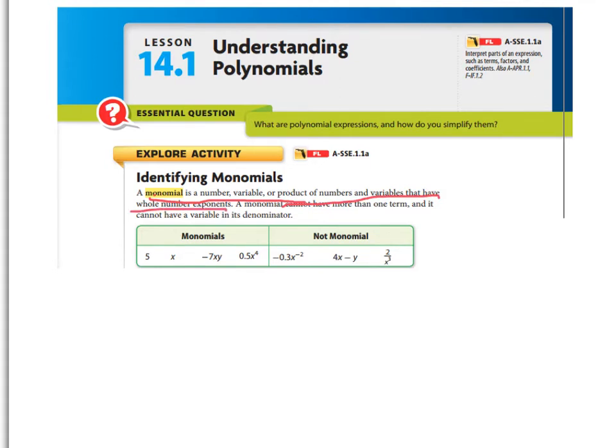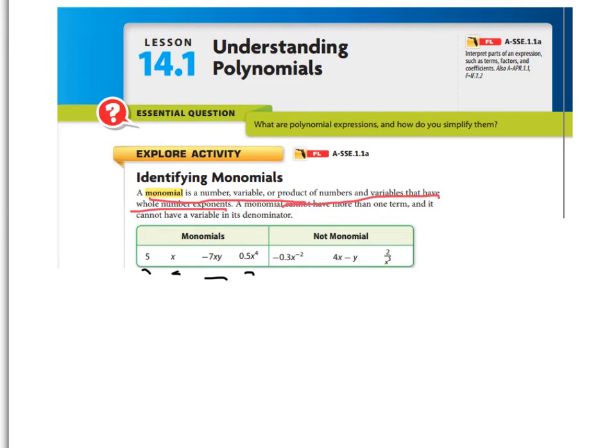A monomial cannot have more than one term, which means a plus or minus sign, and you cannot have a variable in the denominator. So it's like one term, whether it's a single number, single variable, or numbers and variables put together by multiplication. So we have some examples of what are monomials.